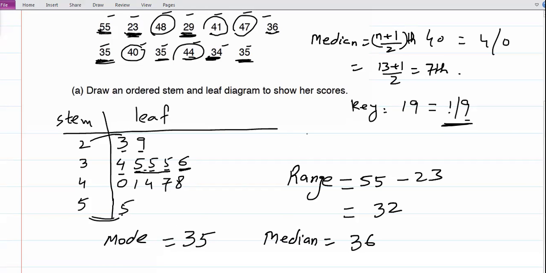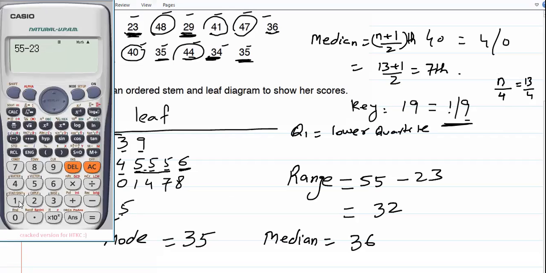If for example you are asked to find Q1, Q1 stands for the lower quartile. Now the lower quartile is always the quarter value of the total values. In this case n is 13. So 13 over 4, 13 divided by 4, makes 3.25.